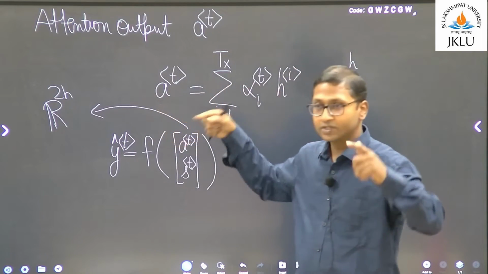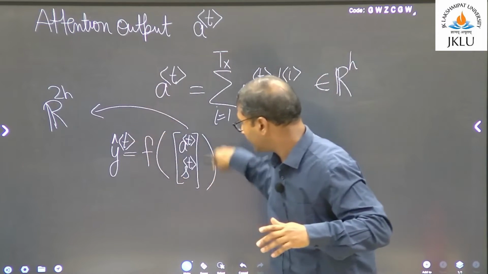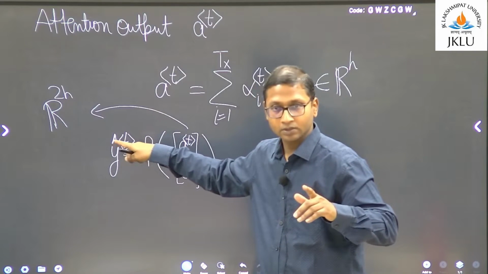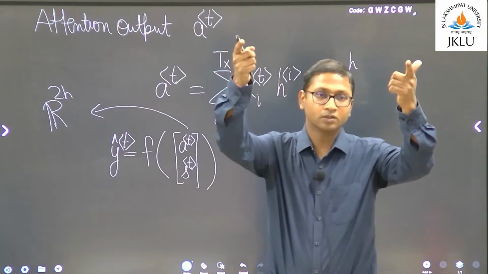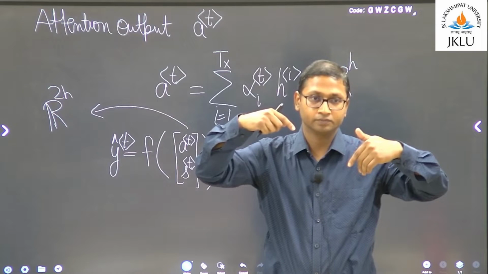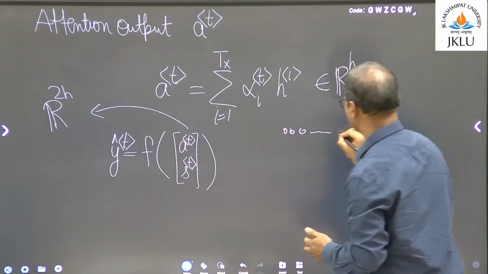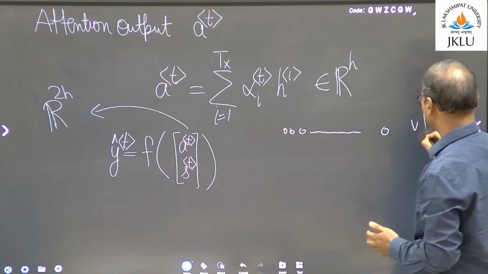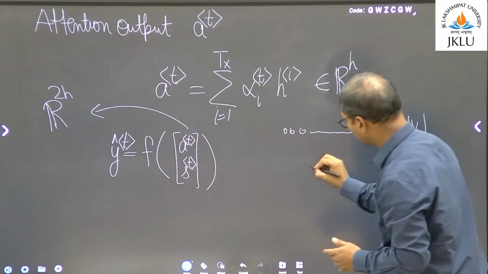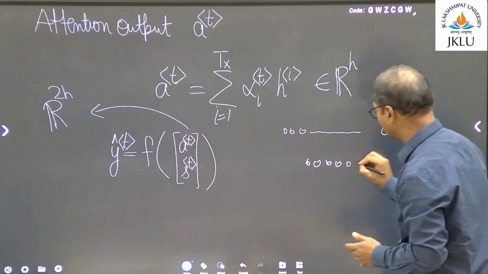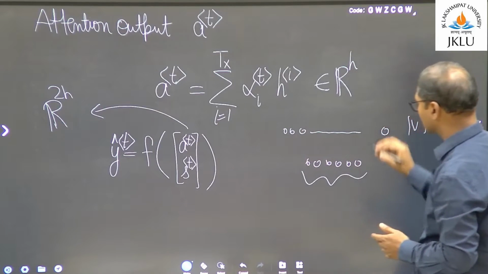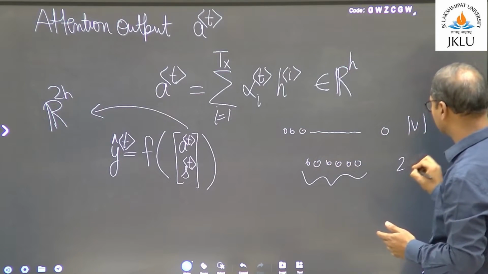What will be the dimensions of my final layer? Mod V cross 200. You will have mod V neurons here and then 2H neurons here. So it will be mod V cross 2H.